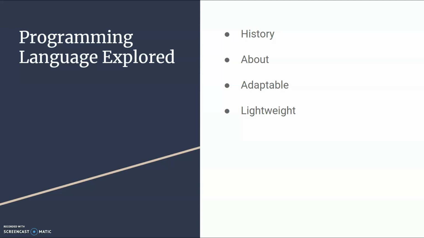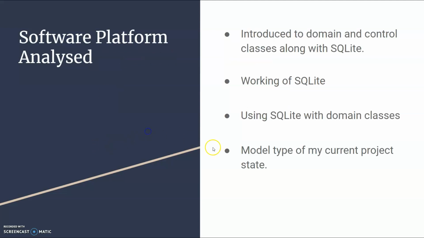It's primarily used for local storage. That's where it shines. So I do believe that's the programming language explored. For the most part, it's SQLite, which is what was introduced in this milestone, on top of the original Unity.